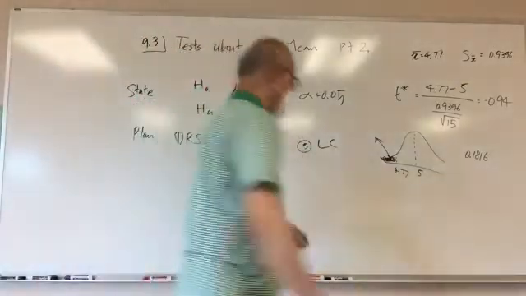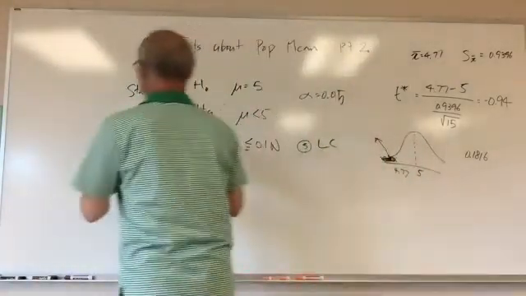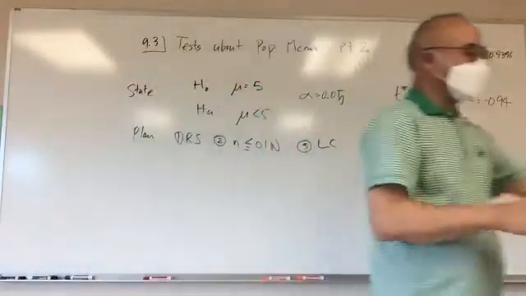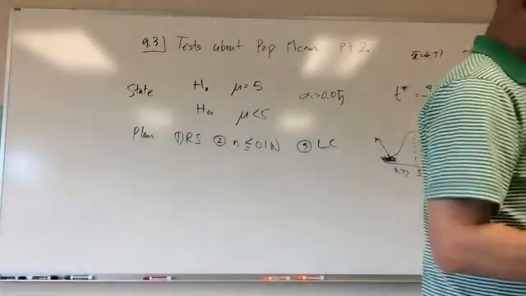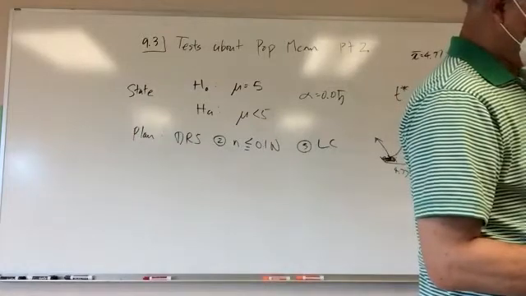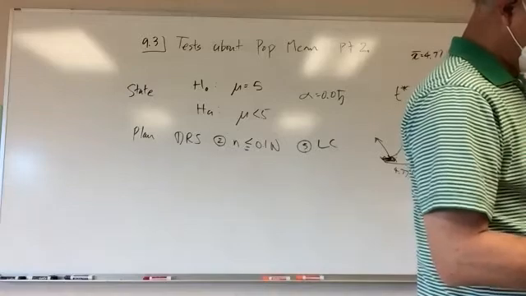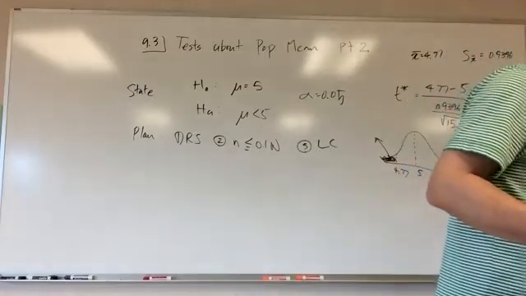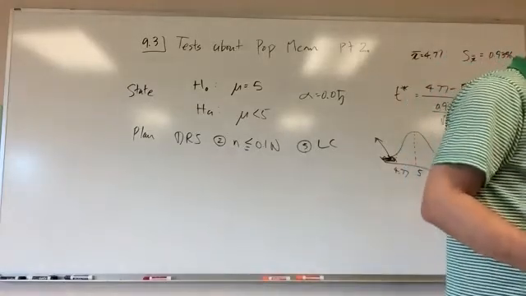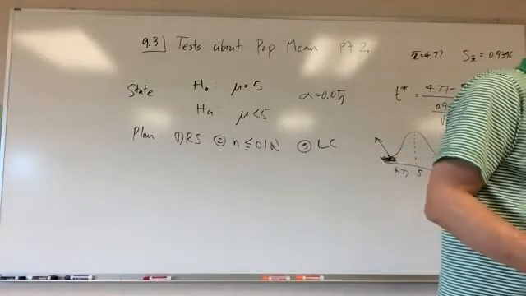Where is type 1, type 2? That was on page 9.1, right? Page 560. Go to page 560, bottom of page 560.